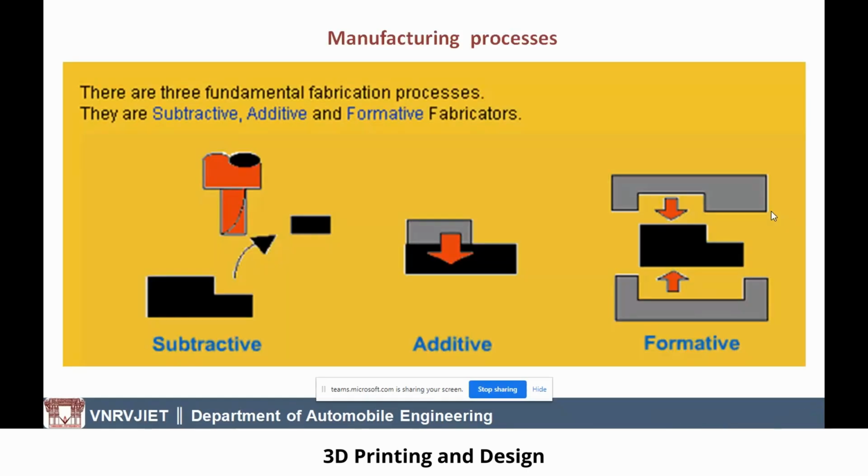The 3D printing process comes under one of the manufacturing processes. Of course, it is a very latest one, but it can be classified under manufacturing processes. Earlier, there were basically two manufacturing processes we used: the subtractive manufacturing process and the formative manufacturing process.